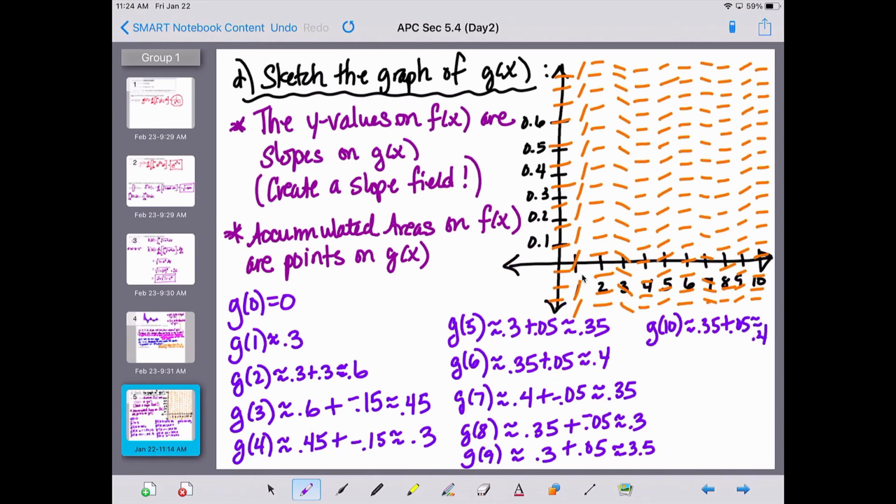Okay, so these accumulated areas are going to be points on my function now, right? So I just have to plot these values. G of 0 is 0. G of 1 is about 0.3. Oops, right there. G of 2 is about 0.6. G of 3 is 0.45. G of 4 is 0.3.